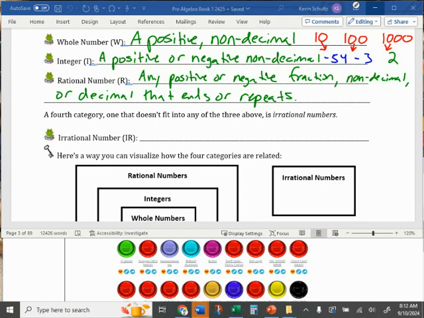Yowza. A rational number is any positive or negative fraction, non-decimal, or decimal that ends or repeats. That's a lot.